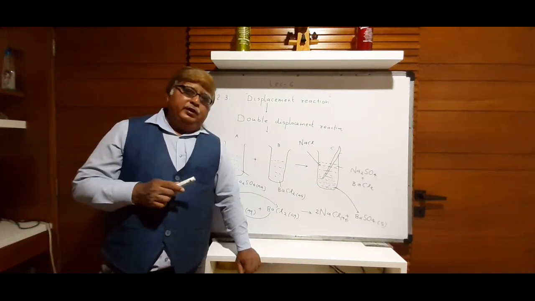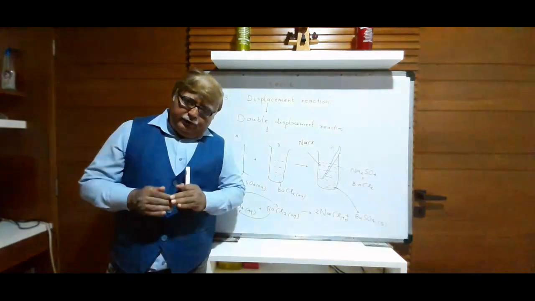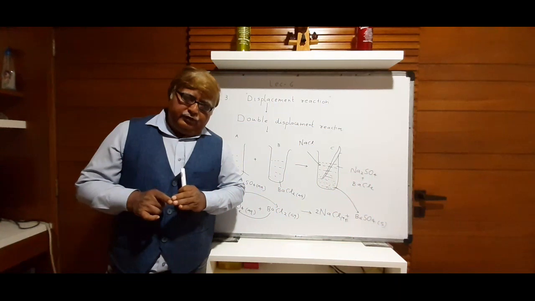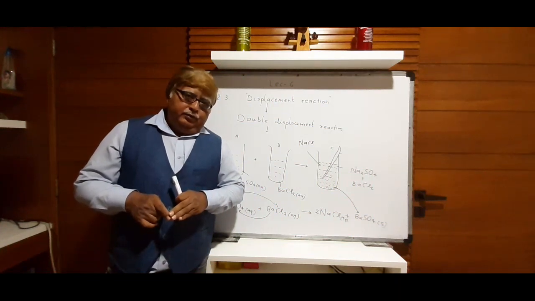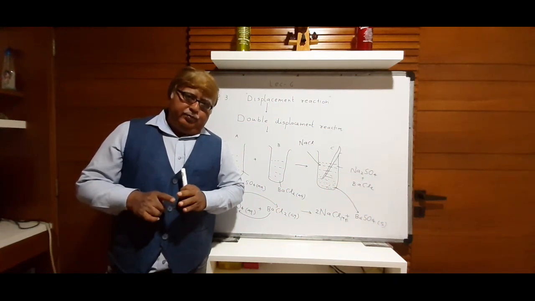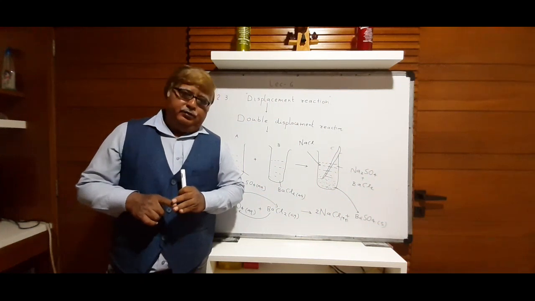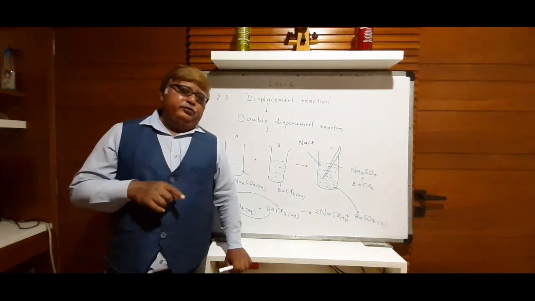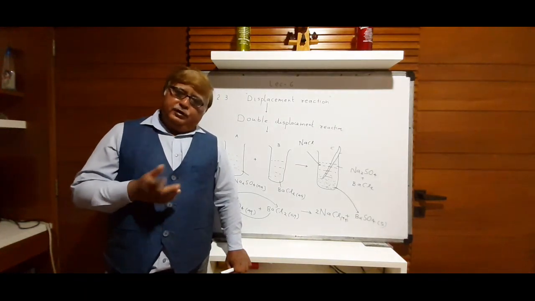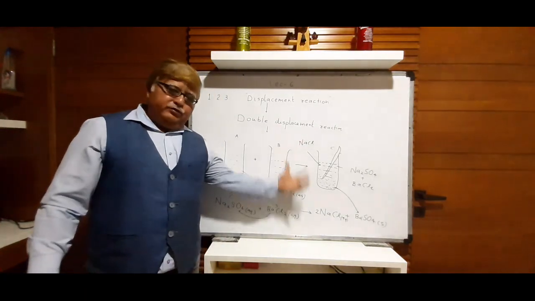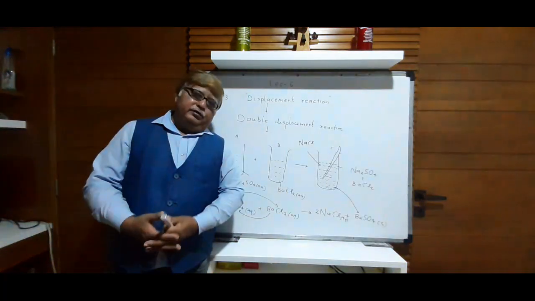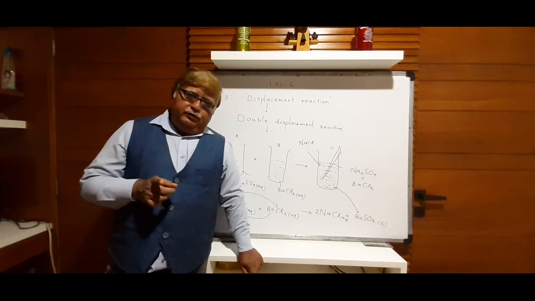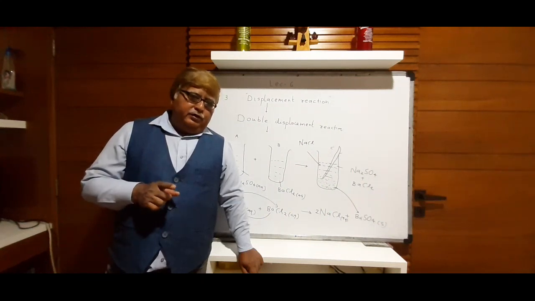Write, question number 8. What is precipitation reaction? Explain. In that you have to explain this double displacement reaction itself. Your question number 8. Should I speak again? What is precipitation reaction? Explain.